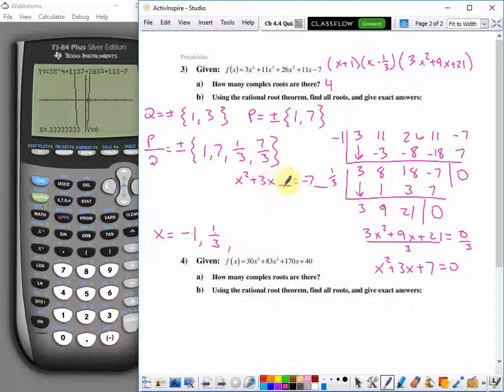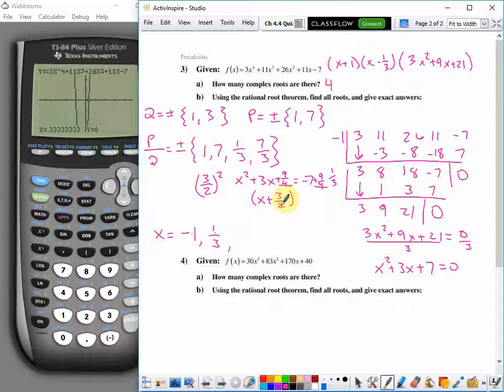The new c is half of b squared, so that's 3 over 2 squared, so that's 9/4. To factor this, I know it's a square trinomial, so if I just take half of b, I get x plus 3 over 2.